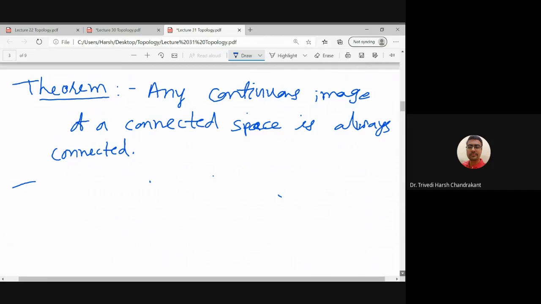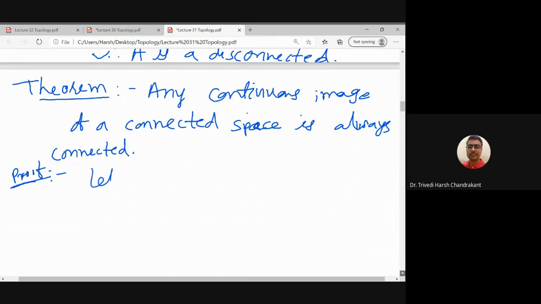So we want to prove this. Essentially what we need to prove here is that if I have a continuous function, then its image is a connected space. So let us consider some general function.